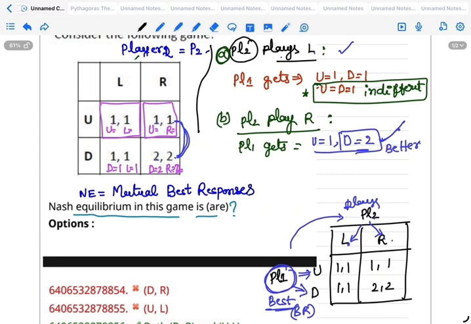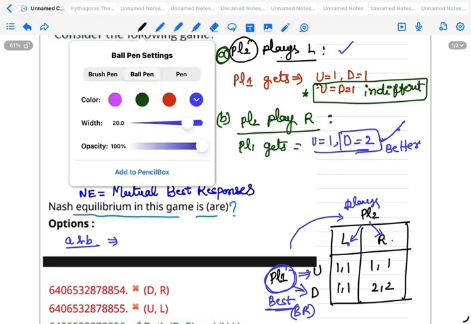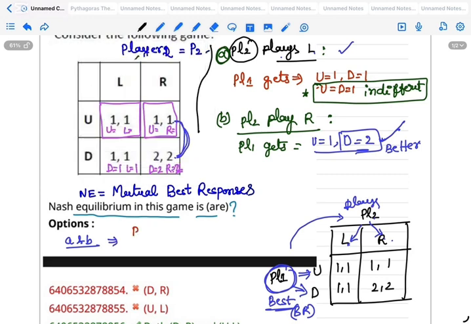So from these two conditions, A and B, player 1's best response is: if player 2 plays L, then U equals D equals 1, so U or D, either one. And if player 2 plays R, then D is better, right?